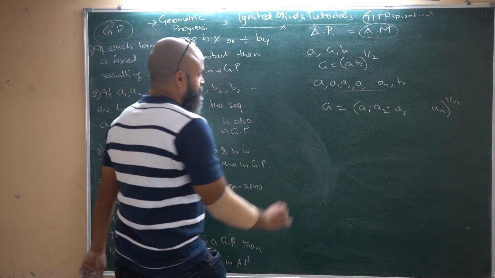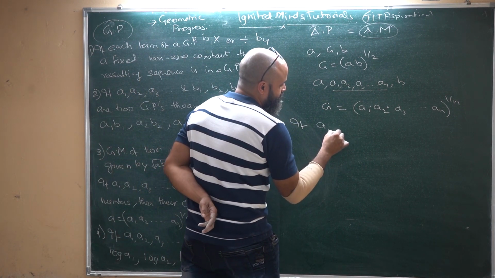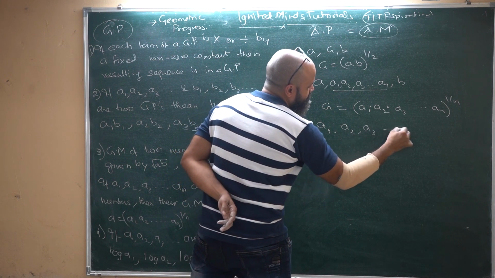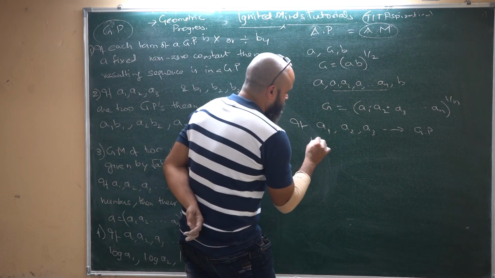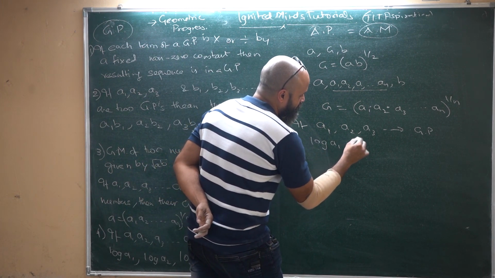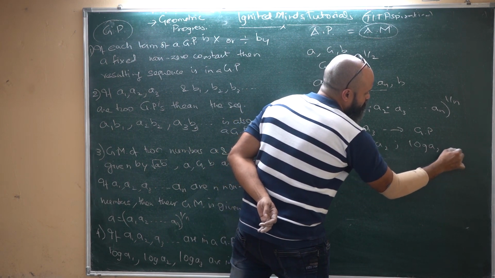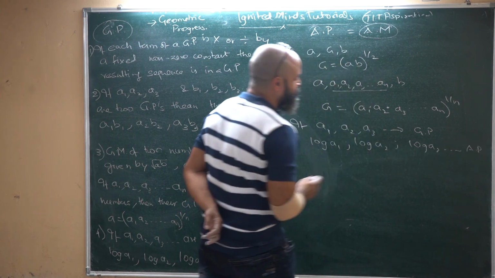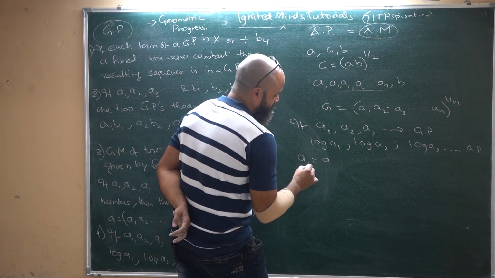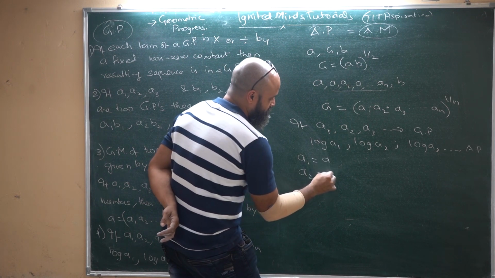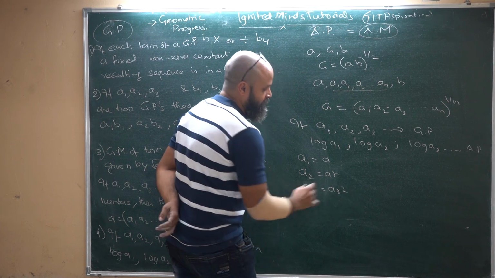If A1, A2, A3 and so on are in GP, then we can say log A1, log A2, log A3 and so on will be in AP. Let's look into it. Let's say A1 is equal to A, A2 is equal to AR, A3 is equal to AR square and so on.